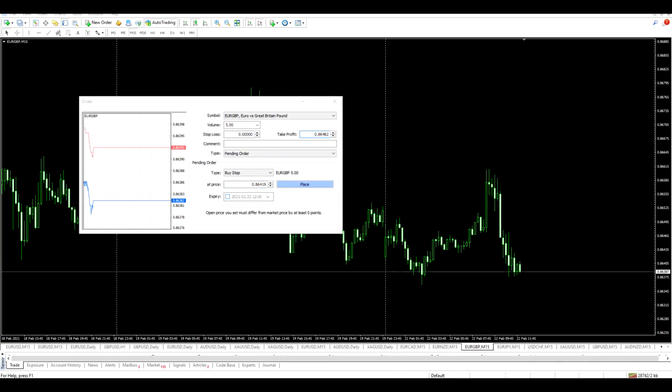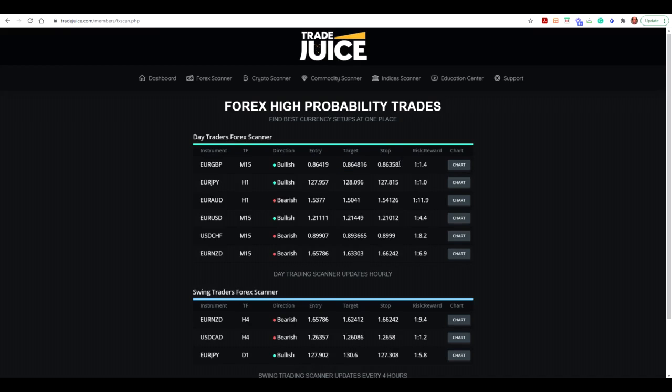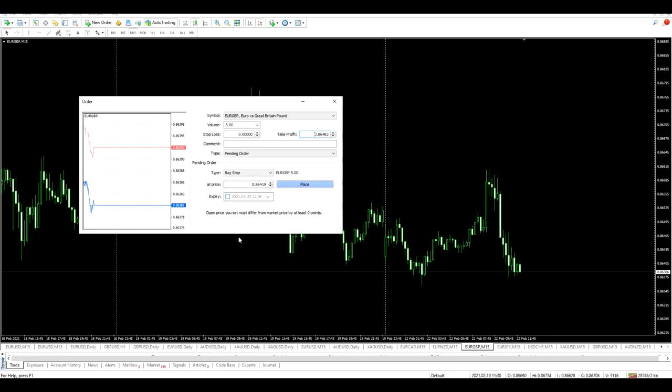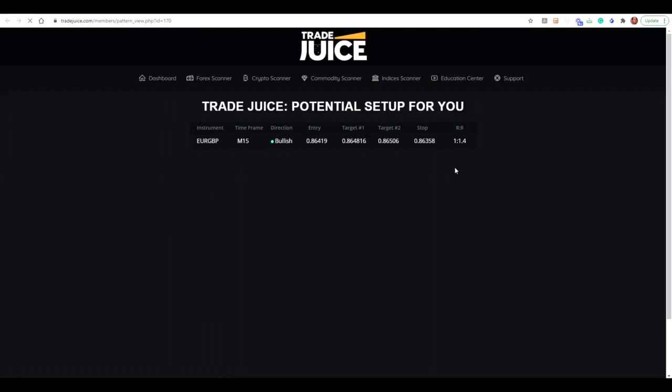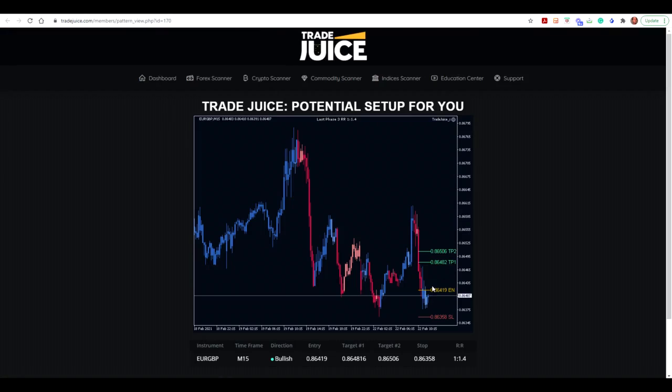So we just need to copy the entry price. After that, we are going to copy the target price, copying it to take profit, and finally the stop loss.